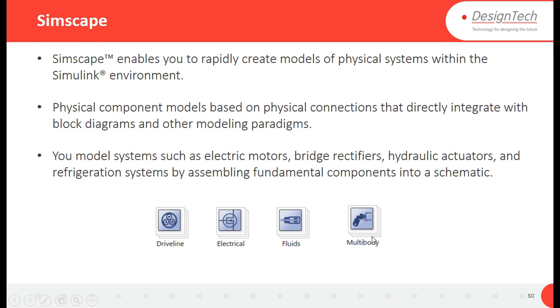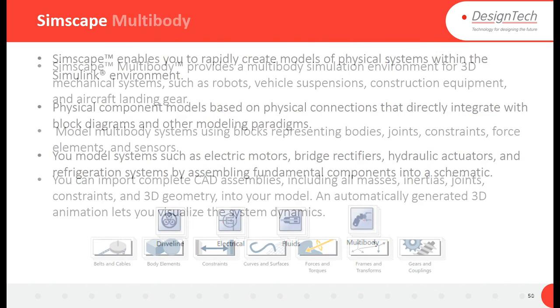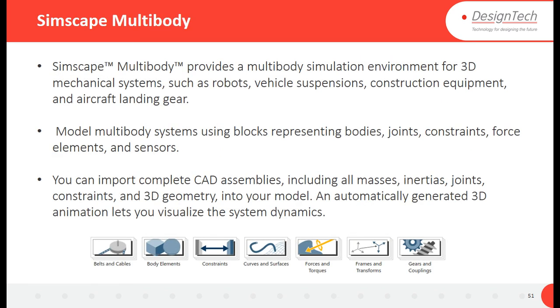And Multibody is used to design the mechanics, meaning a 3D model, as well as the chassis of those robots. Simscape Multibody provides a multibody simulation environment for 3D mechanical systems such as robots, vehicle suspensions, and construction equipment. Like if I have to design a crane, then we can use Simscape Multibody to design a complete crane system.